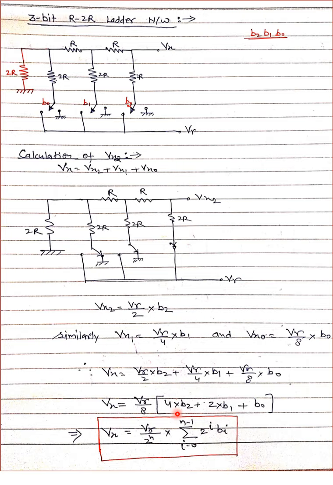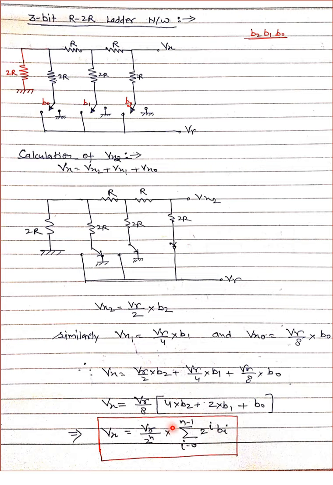So we can write this series in general form, and the output Vx is given by Vr upon 2 raised to power n into summation of i equal to 0 to n minus 1 of 2 raised to power i times Bi. So this quantity is the decimal equivalent of this number B2 B1 B0, where B2 is the MSB and B0 is the LSB. So this is the decimal equivalent of this binary number into Vr upon 2 raised to power n, which is the resolution.